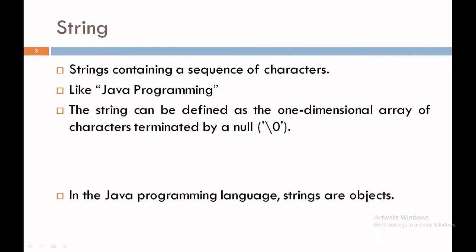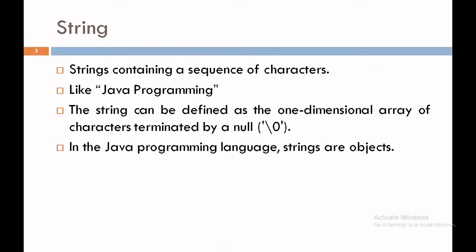While in Java, a string is an object. That means string is considered as a class. Unlike other programming languages, strings in Java are not a primitive type like integer, character, etc. Instead, all strings are objects of a predefined class named String.